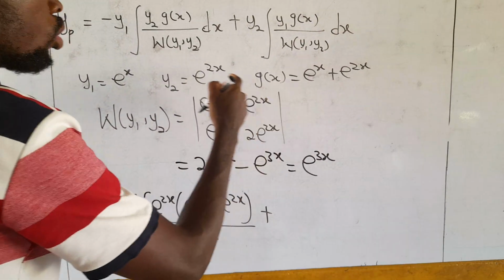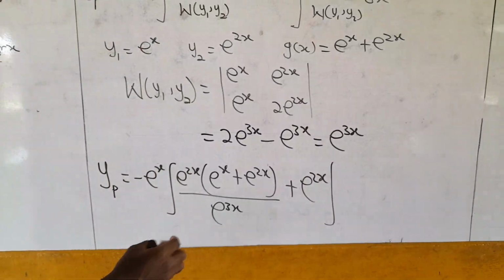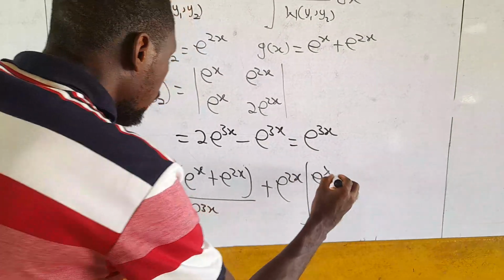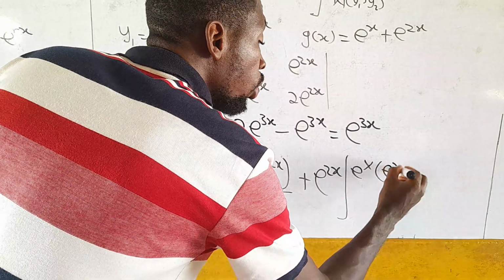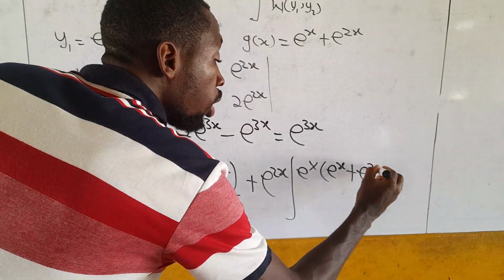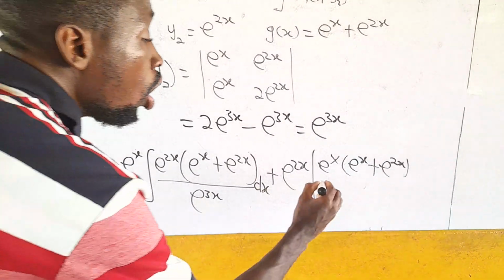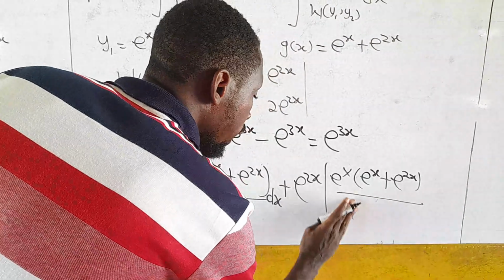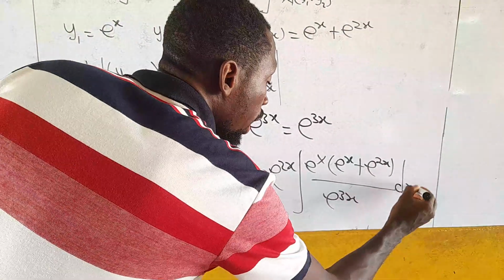And what is our y2? Our y2 is e exponent 2x, the integral of y1, which is e exponent x, times the function g of x, e exponent x plus e exponent 2x, all over the Wronskian, which is e exponent 3x, then dx.